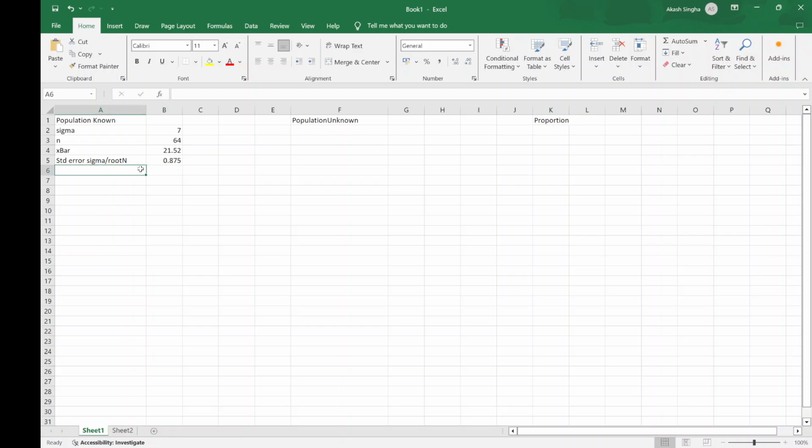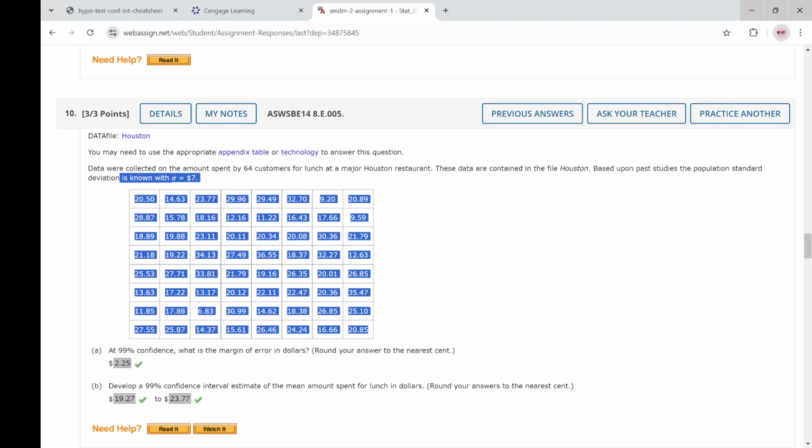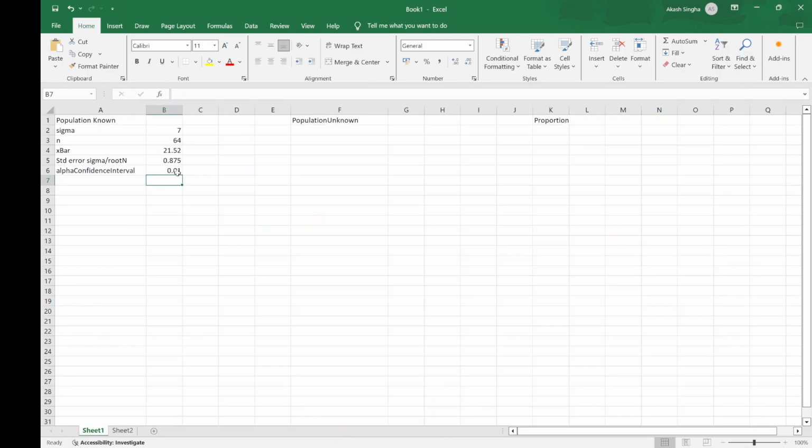And now the alpha value. The confidence level is 99%, which means alpha is 0.01 or 1%. That means alpha by 2 is this divided by 2.